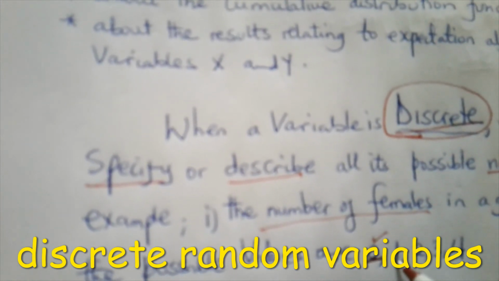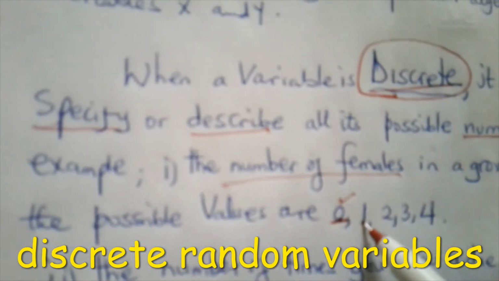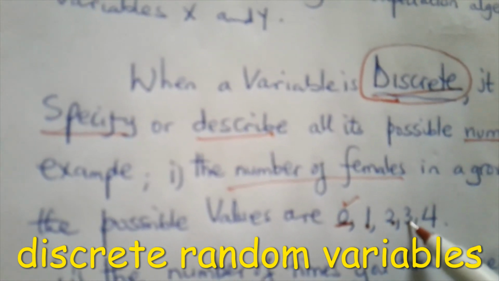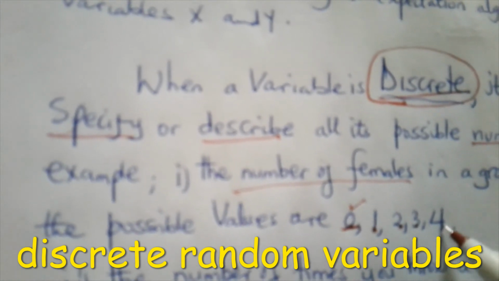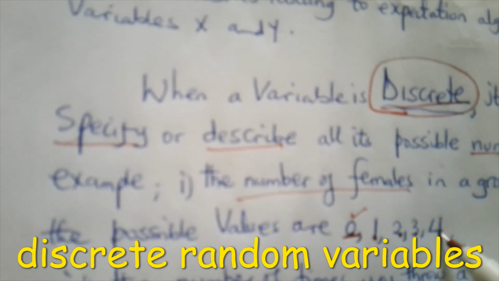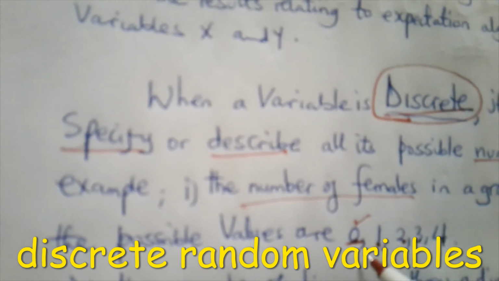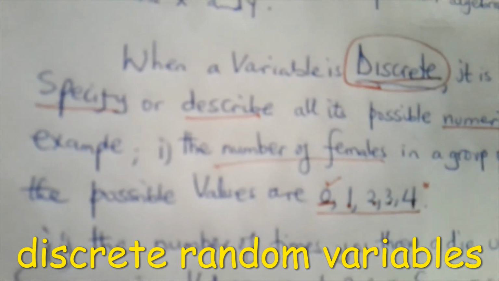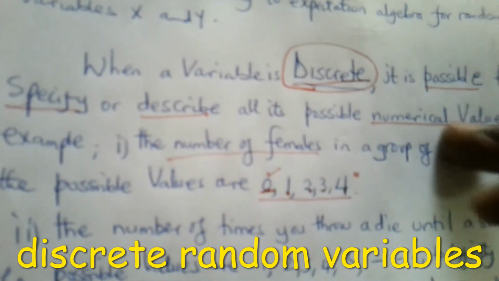If we have 1 female, then 3 are males. If you have 2 females, then 2 are males. If you have 3 females, then 1 is male. If you have 4 females, then no male. So the number of females can take on these values, and that means you can count them.